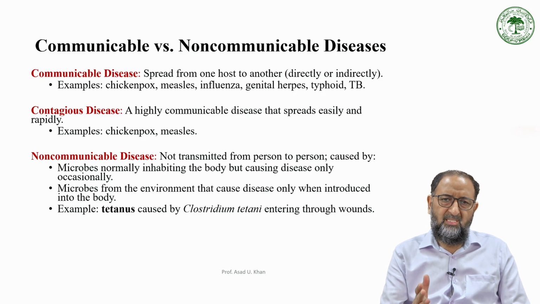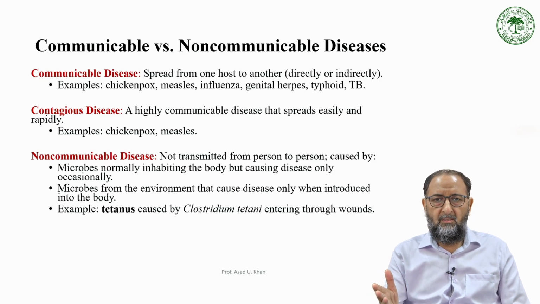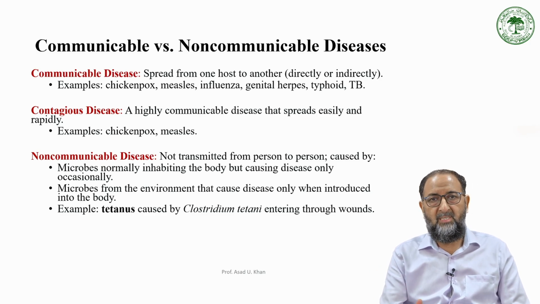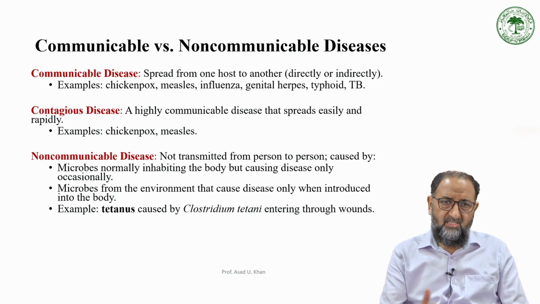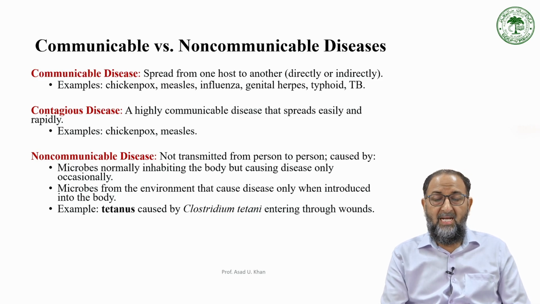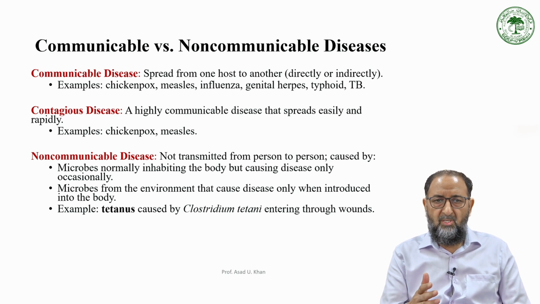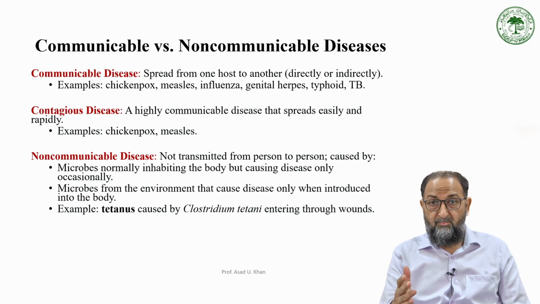So if one person is directly or indirectly interacting, it may lead to infection spread. We may also sometimes call them contagious infections or contagious diseases. But a contagious disease is defined as a highly communicable disease, a category of communicable diseases in which the infection is transmitted very fast. For example, chickenpox and measles are very, very contagious.